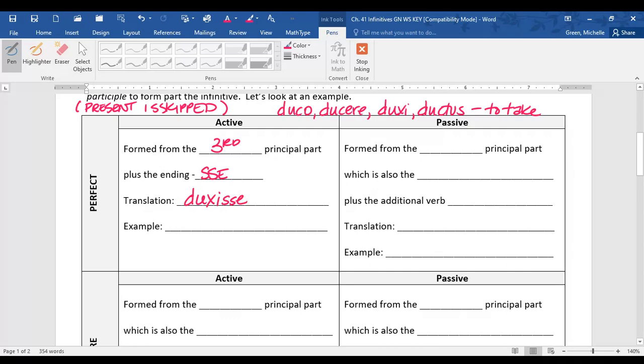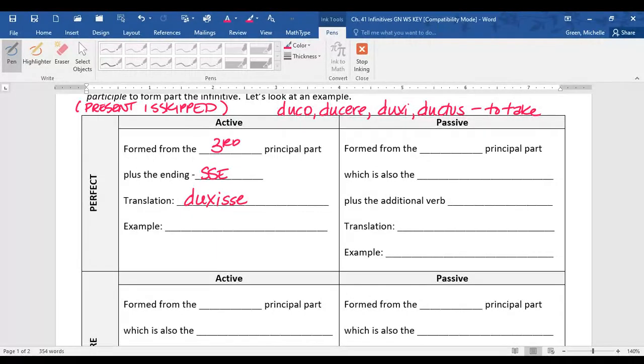Now you need to understand that a lot of textbooks and tutorials will teach this as the third principal part minus the i plus -isse. So it obviously gets you to the same point, but that's just reinforcing that you go to a stem and add an ending.